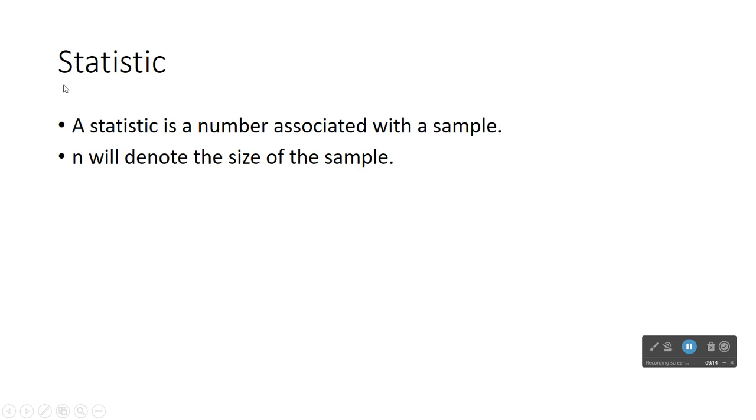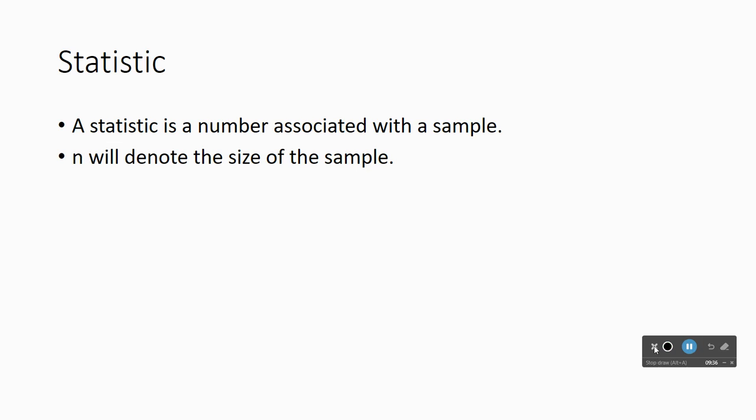Now, you've heard of statistics. This is what an actual statistic is. A statistic is a number associated with a sample. We'll let little n denote the size of the sample.